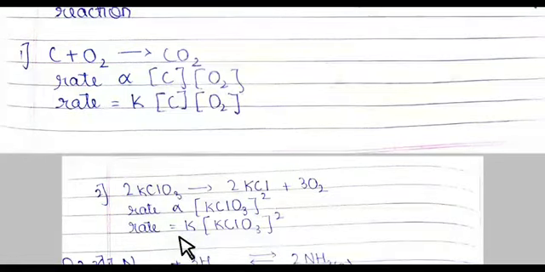So according to the law of mass action, rate of reaction is directly proportional to the concentration of reactant, but the quantity of reactant is 2 molecules, that's why we use a square. Means rate of reaction is directly proportional to the concentration of chlorate raised to 2. Similarly, whenever you remove the proportional sign, you have to use the equal sign and the rate constant. So this is question number 1.